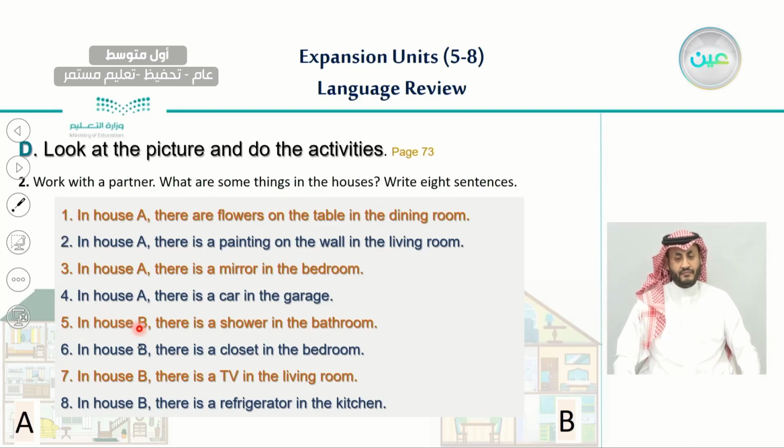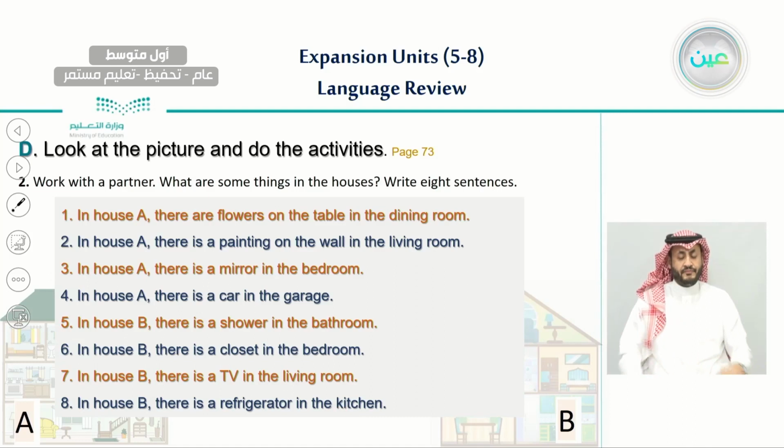In house B, there is a shower in the bathroom. In house B, there is a closet in the bedroom. Also in house B, there is a TV in the living room. And the last one, in house B, there is a refrigerator in the kitchen.